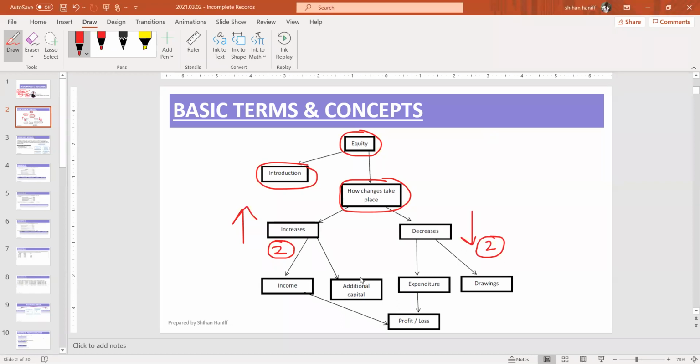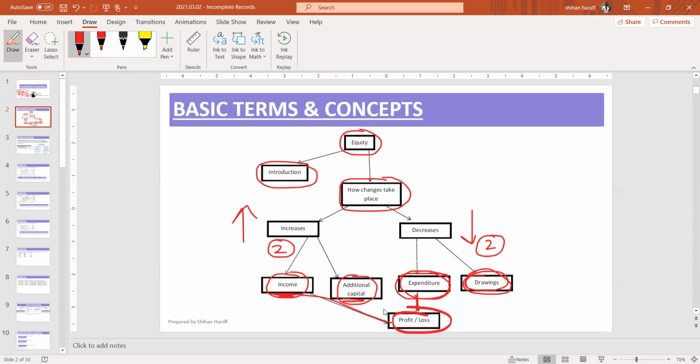Equity will increase either due to additional capital or due to earning income. And equity will decrease because of drawings, where the owner takes money or goods, or due to expenditure. Income minus expenses will be profit or loss. So these are the basic terms.